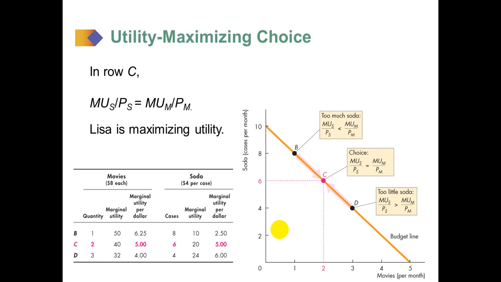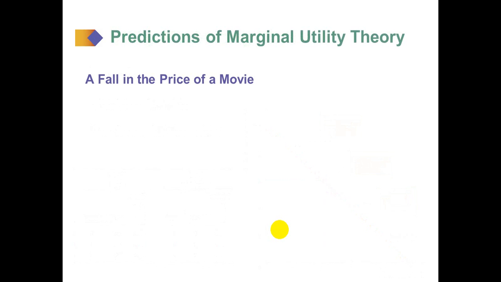So Lisa is maximizing utility by consuming 6 units of soda, as the graph shows, and 2 units of movies. So this is the condition of maximization of benefits for Lisa.